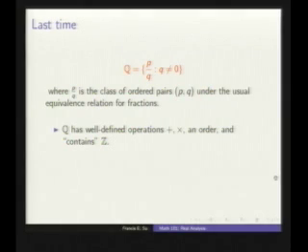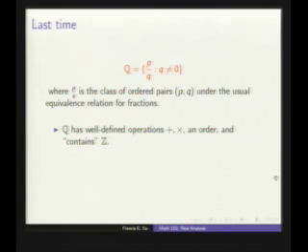Last time we discussed our construction of the rational numbers as ordered pairs of integers. Of course, you think of rational numbers as fractions, and fractions are, in fact, ordered pairs of integers, aren't they? You have a number on top and a number on bottom.